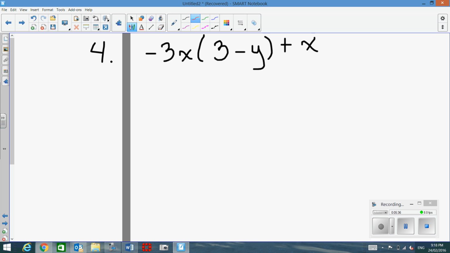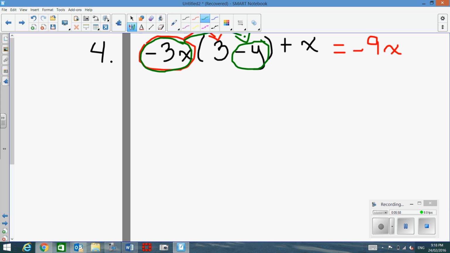We are still going to take the negative 3x and we're going to distribute it to the positive 3. So for now, negative 3x times 3 makes negative 9x. And I'll do the same with the negative y. So negative 3x multiplied by negative y. So remember, we want to include that negative sign in front of the y.